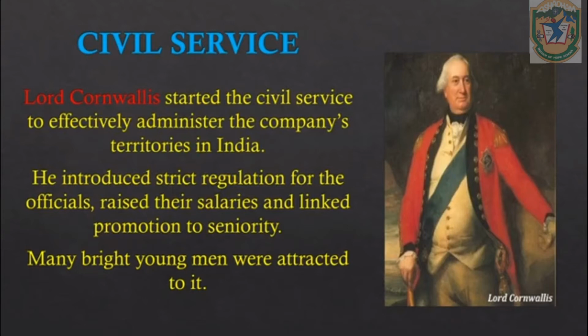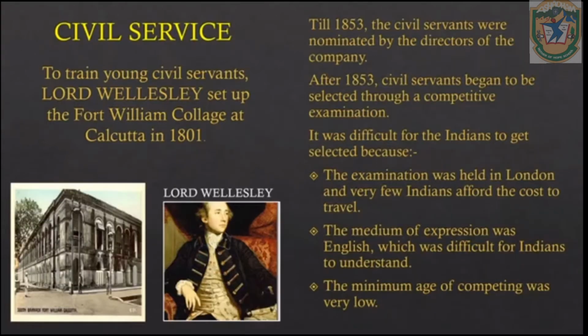It was very difficult for the Indians to get selected, and the reasons were: the examination was held in London and very few Indians could afford the cost to travel there. Second, the medium of expression was English, which was difficult for the Indians to understand, and the minimum age of competing was very low.